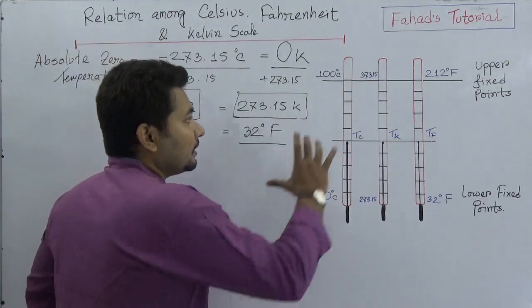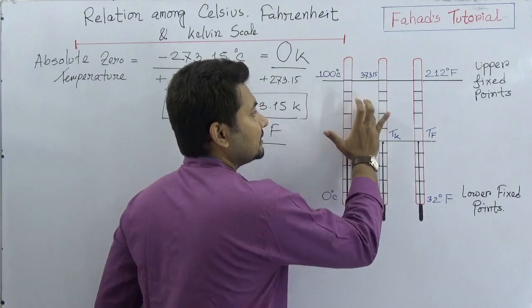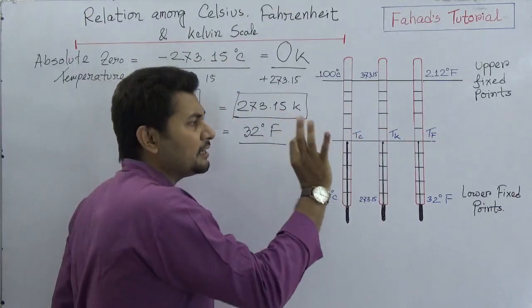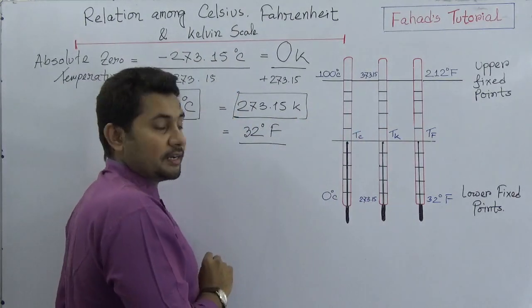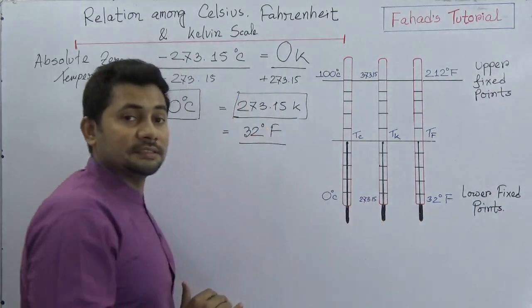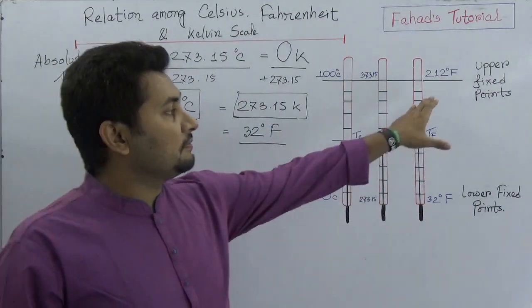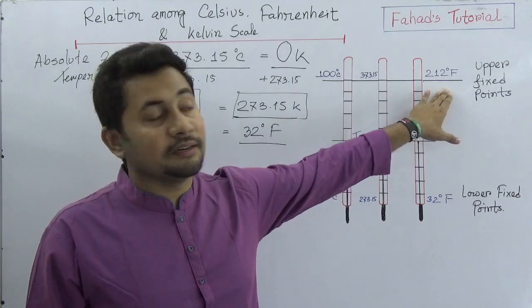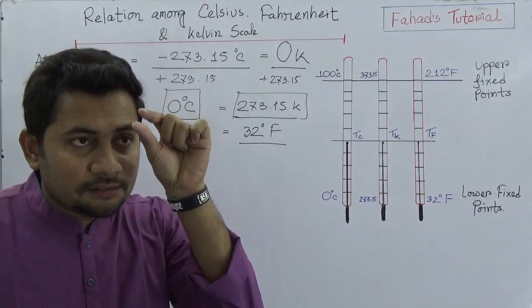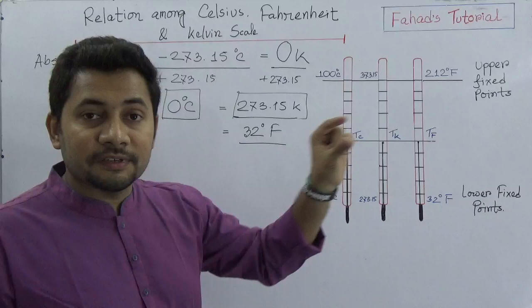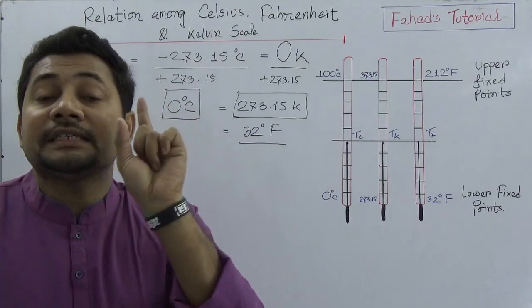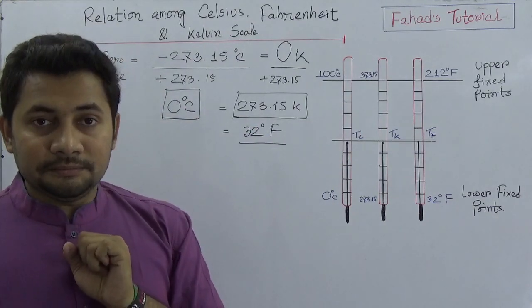You see that the differences between Celsius and Kelvin are the same, but there is a little change in case of Fahrenheit. The lower fixed point is 32 degrees Fahrenheit, but the upper fixed point is 212 degrees Fahrenheit, because the interval between the upper and lower fixed points in Fahrenheit is 180.